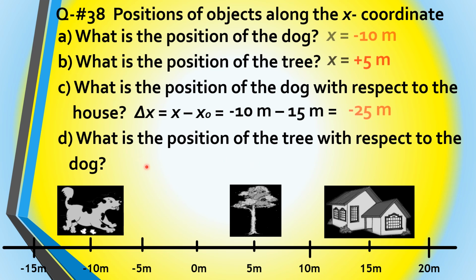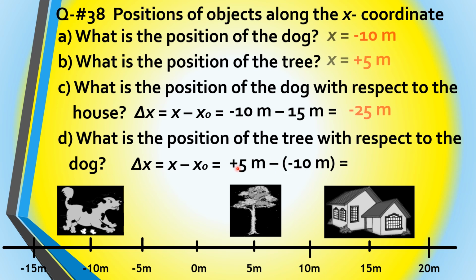And lastly, for question letter D, using the same formula, what is the position of the tree with respect to the dog? This time, the dog is considered as the point of reference. So in substituting, x refers to the position of the tree, which is positive 5 meters, minus the position of the dog, which is negative 10 meters.